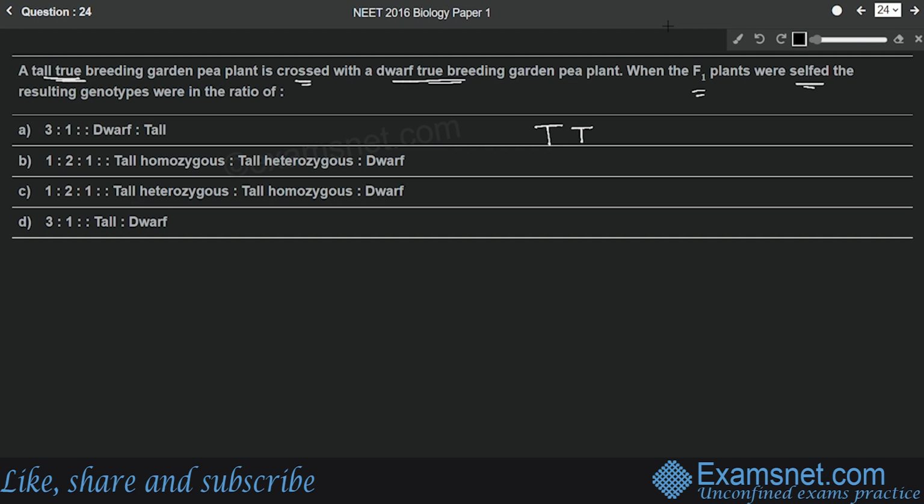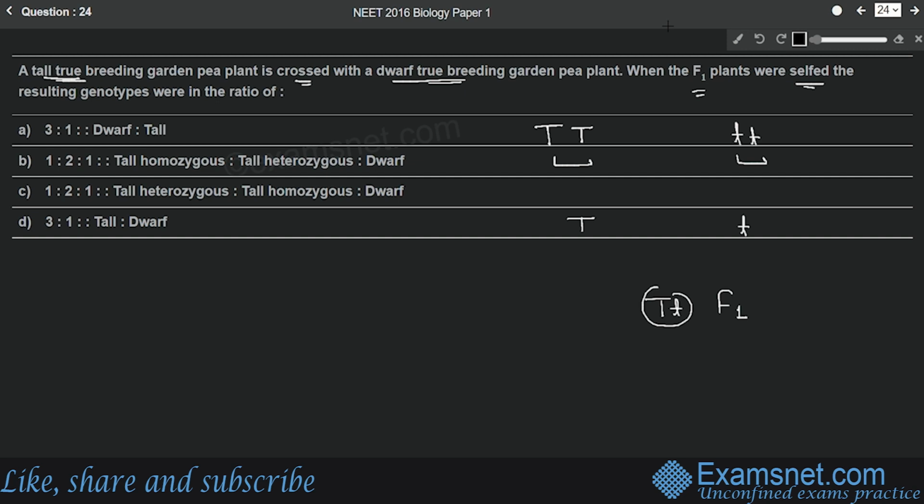And dwarf true, that means small t, okay. Now, these were crossed. So the gamete formation from this first one will be capital T and from the second one will be small t. So what will be the genotype? It will be capital T, small t of the F1 progeny, right?